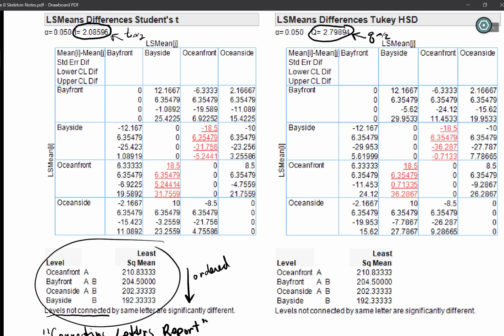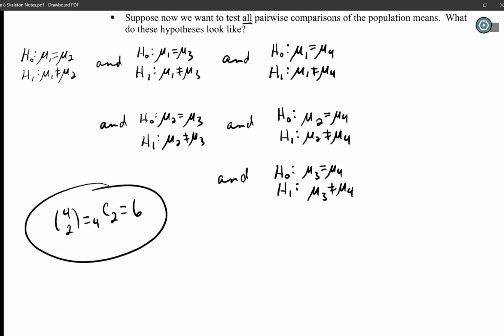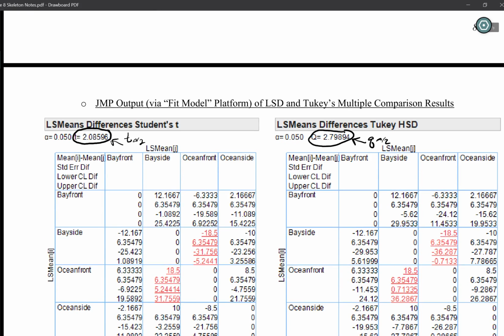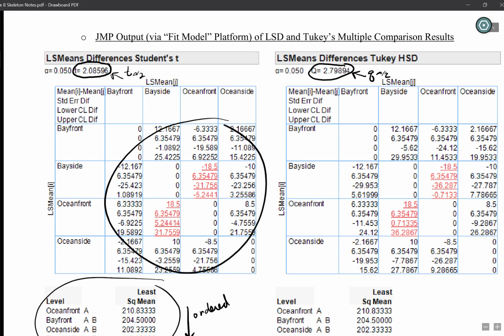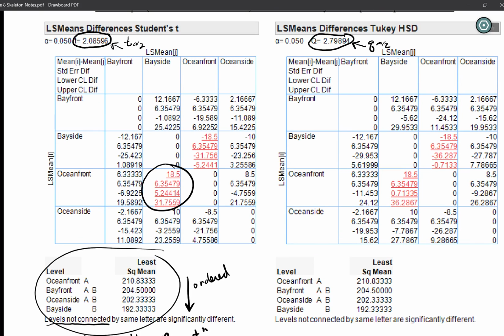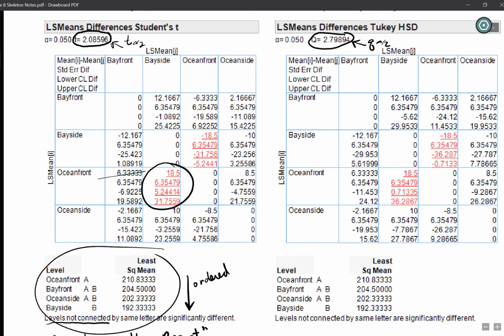What's the other stuff in here? If we have 6 hypothesis tests, we could also have 6 corresponding confidence intervals, and that's what is given in this part of the output. Where the interval information is red, that denotes a statistical significance. Notice we're comparing oceanfront and bayside there.